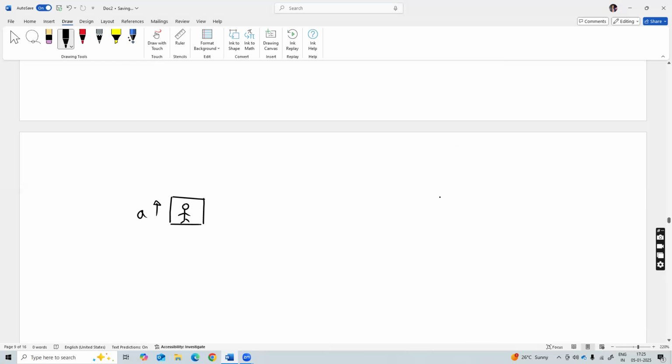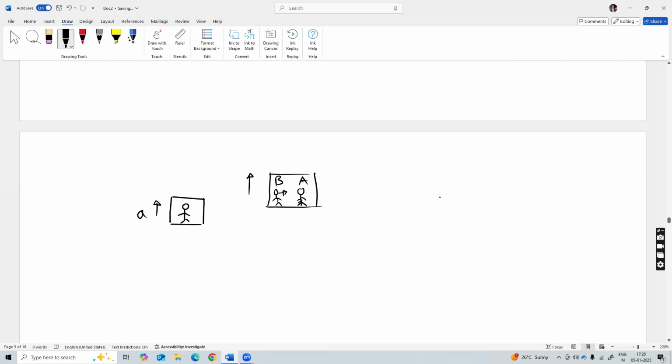Whereas if the lift is moving upward, this man is standing, and someone sitting here is seeing this person, then according to this person, let's say this is person A, according to B, A is not moving, because he will see that.